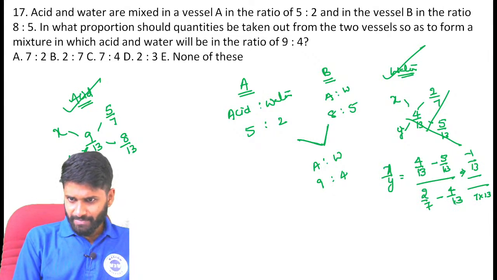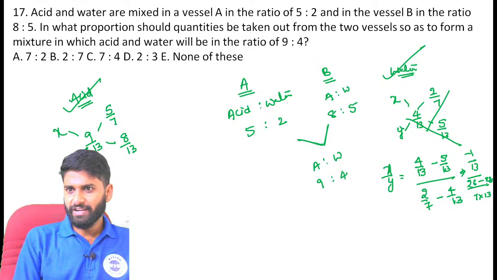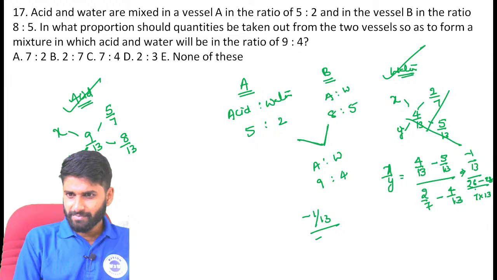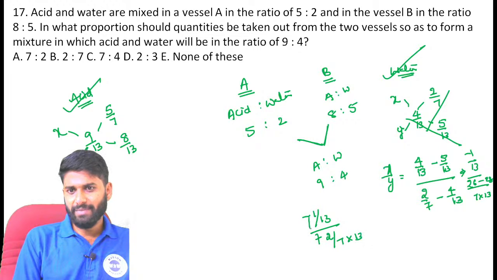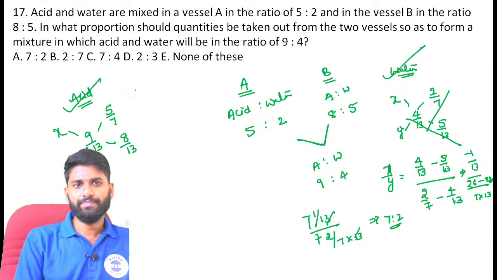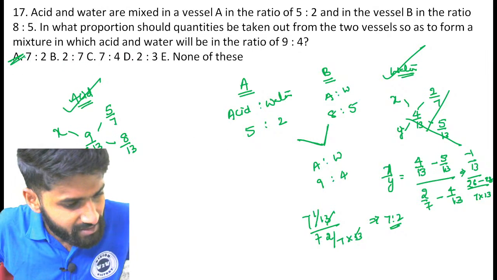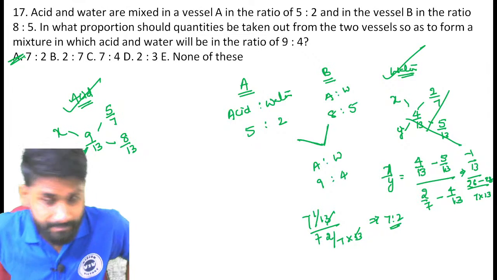Now you can see that 13 twos are 26 and 7 fours are 28, so finally -2 by 7 into 13 in the denominator, with -1/13 in the numerator. Now see, the minus cancels, 13 cancels, the ratio becomes 7:2. 7:2 is the perfect answer.